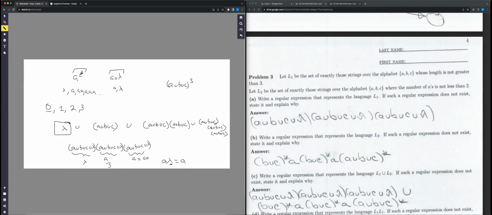There's only one that's possibly length 0. How do I get of length 1? These are all of length 1. These are all of length 2. And then these are all of length 3. Because I'll pick one character from here, one character from here, one character from here, and get 3 characters. And then 2 characters from here, 1 character from here. And this says pick nothing. Which means it satisfies exactly what her language wants.